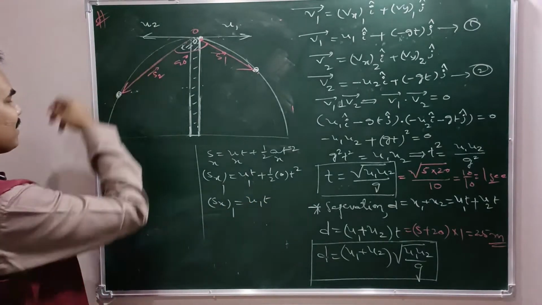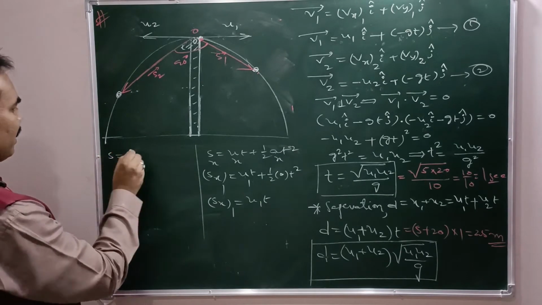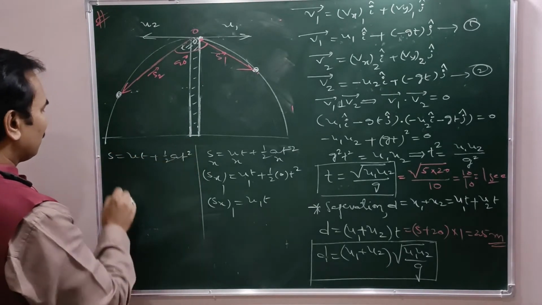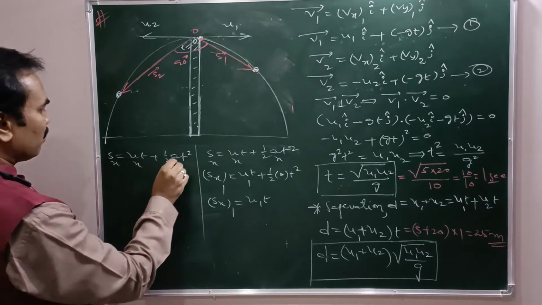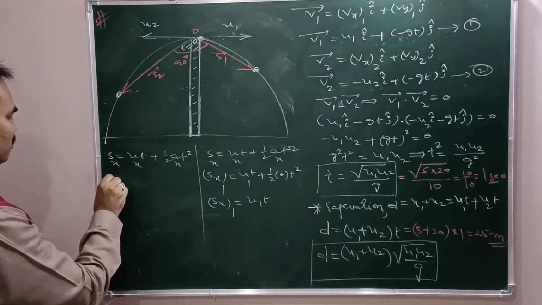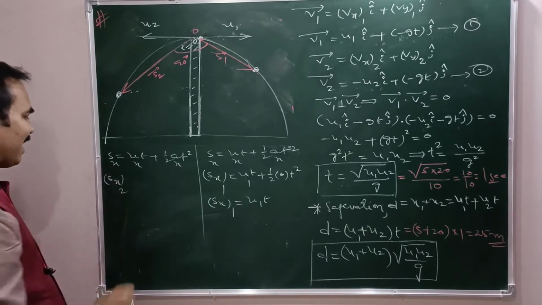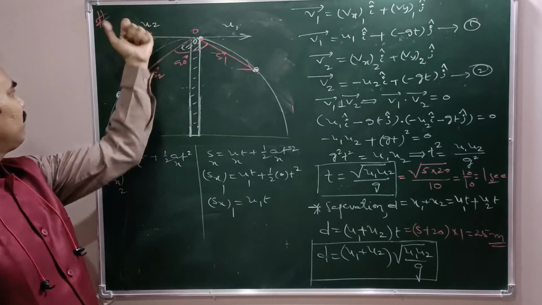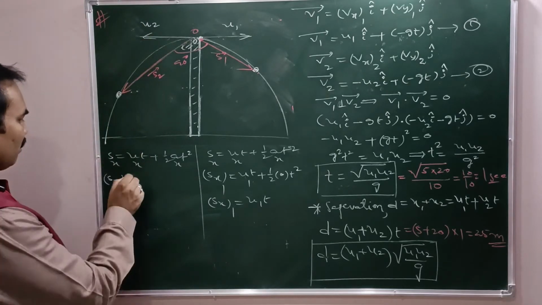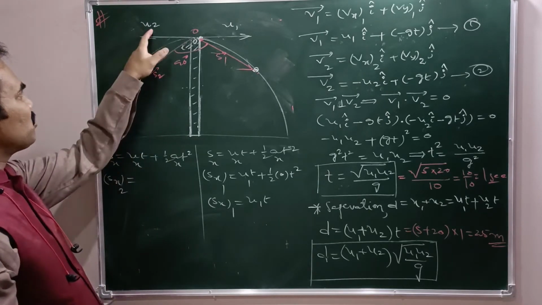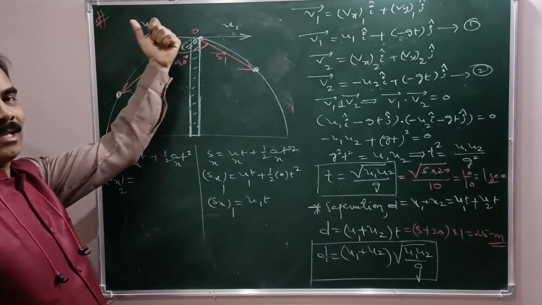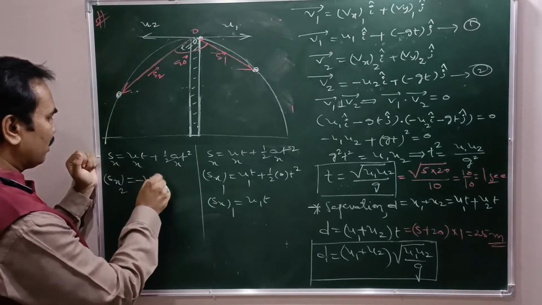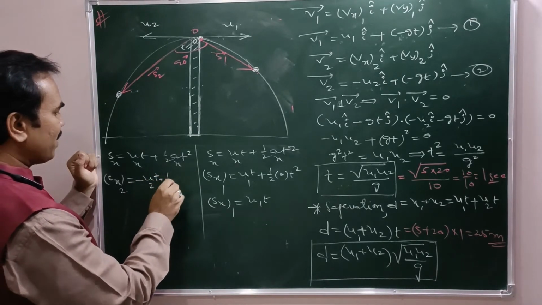Similarly, for the second projectile, take the same expression, S equal to ut plus half at square. So Sx, ux, ax. For the x component of displacement for the second projectile, ux means u2 with negative sign, that is acting leftwards. So minus u2 into t plus half into ax, which is 0.